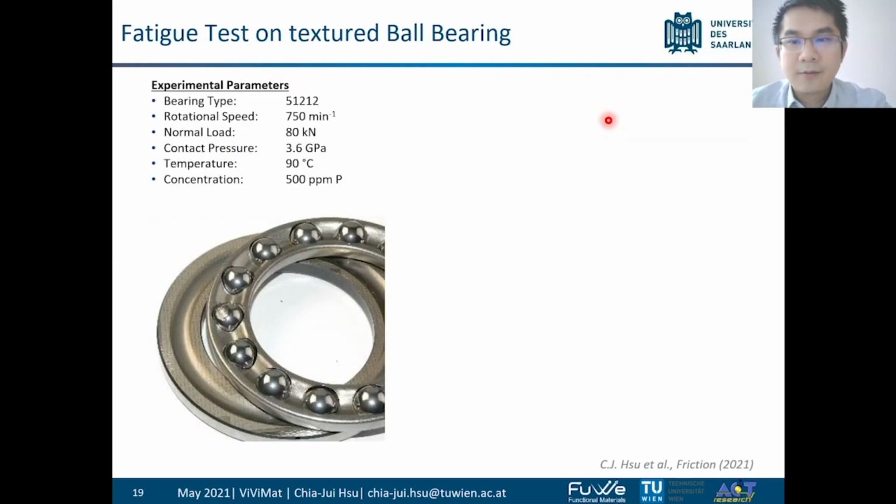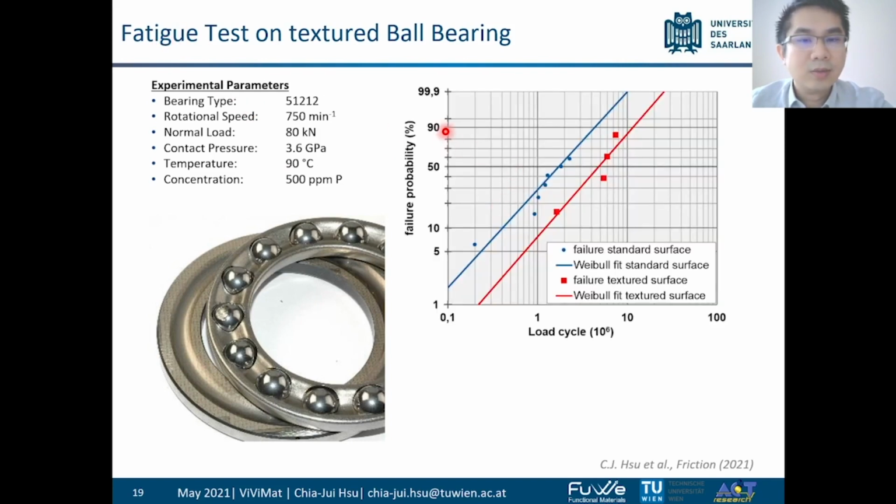Finally, we pick the cross 30, the best performance laser texture pattern, on top of the ball bearing to test its fatigue lifetime. And you can see here the results. In this plot, the blue line is the standard surface, and the red line is the textured bearings.